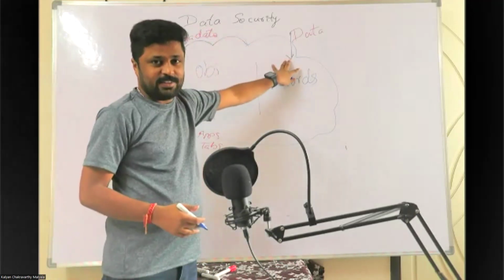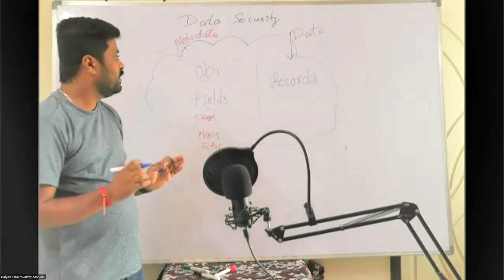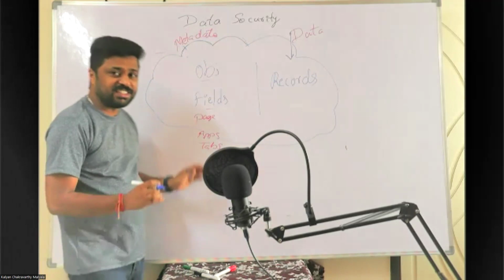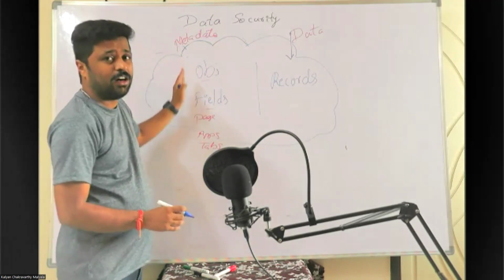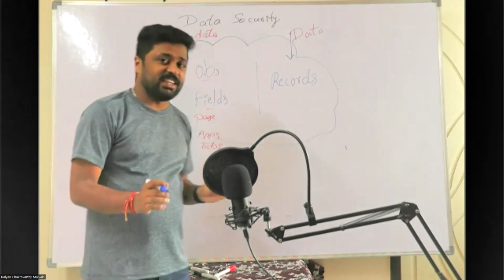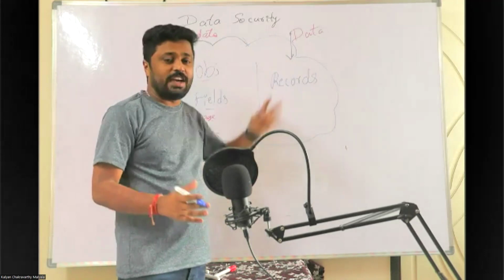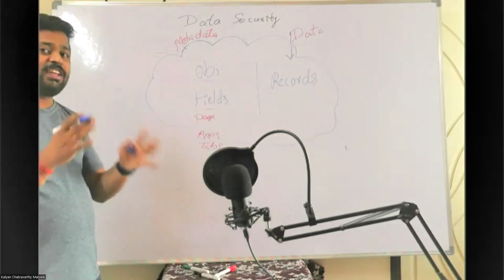This is data. We have to make clear what we are restricting the users for. Are we restricting a particular user for metadata, or are we restricting the particular user for the actual data, the records? If you make this concept clear now, it will be very easy.